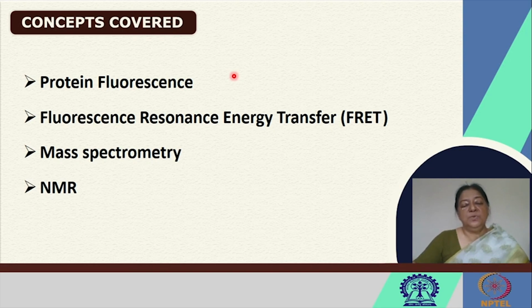Another concept that we looked at is fluorescence resonance energy transfer, where the donor emission, a fluorescence donor emission, can excite an acceptor molecule if there is an overlap between the donor emission and the acceptor absorption.